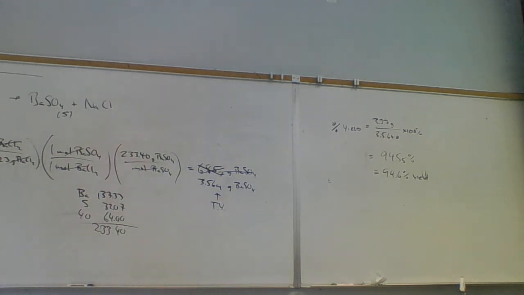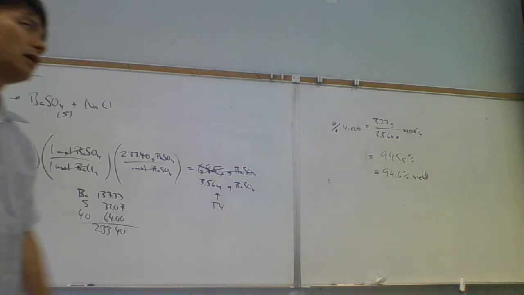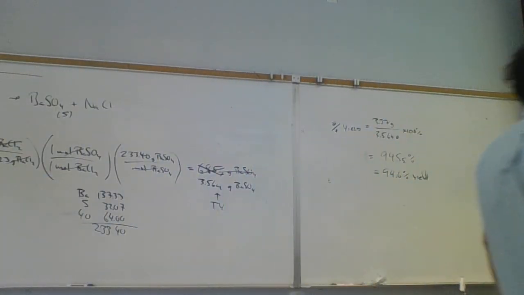They got a different number than me. They got 94.7. Why? Do you see why they got that? Yeah, they did an intermediate round off here. The intermediate round off here is this 3.564.